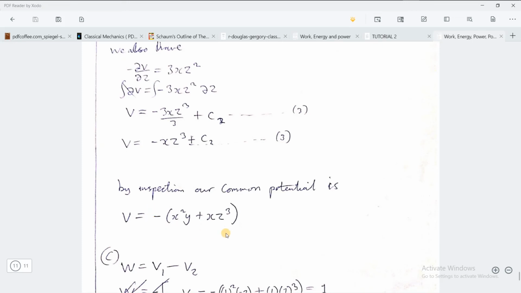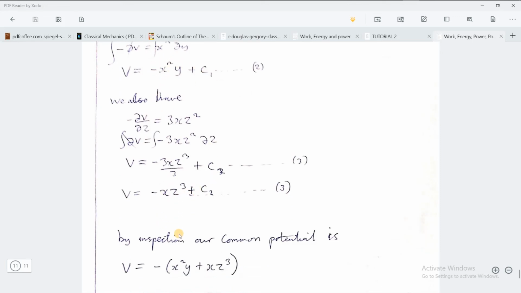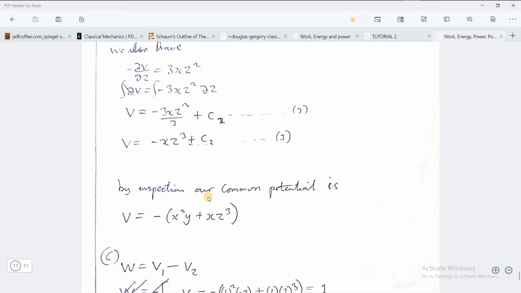So for us to get the common potential, we must just pick out all the terms which are distinct, all the terms from these potentials which are different, pick them out and then write them in full. So this will be our full potential.